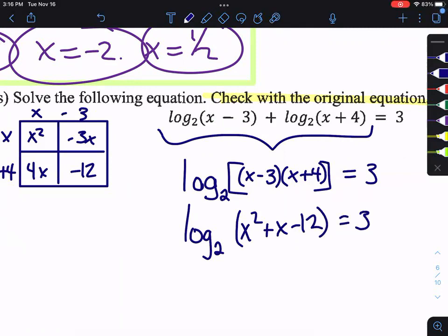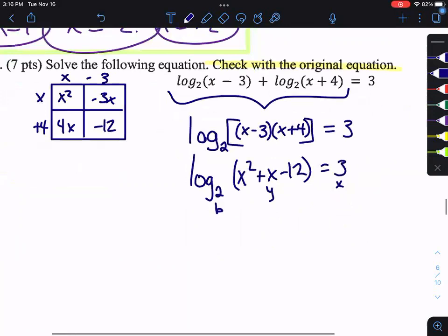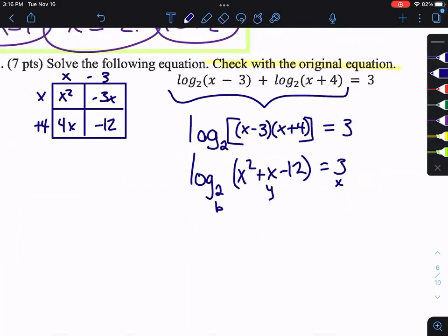So that's going to give us x squared plus x minus 12 equals 3. Now we want to convert this to exponential form. So here's our base, here's our x, here's our y. We want b to the x power, so 2 to the third power equals y, which is x squared plus x minus 12.